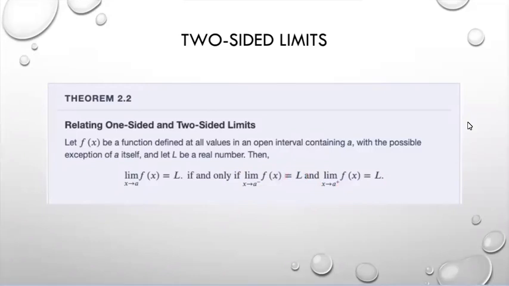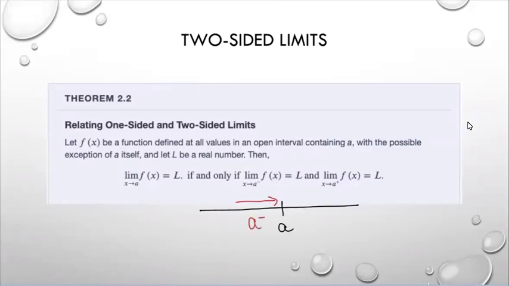All right, this is telling me that, if we create the picture and we have x equals a in here, remember that if we go in this direction, we are approaching a from the left.